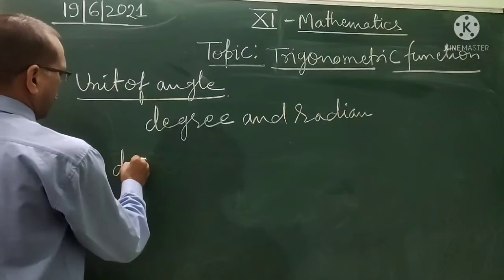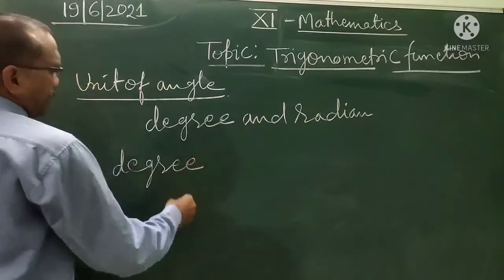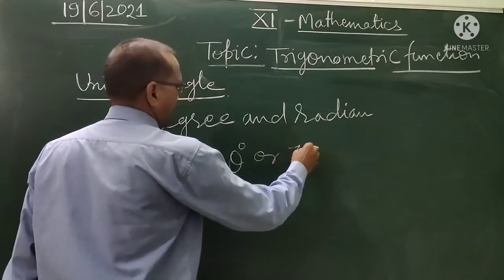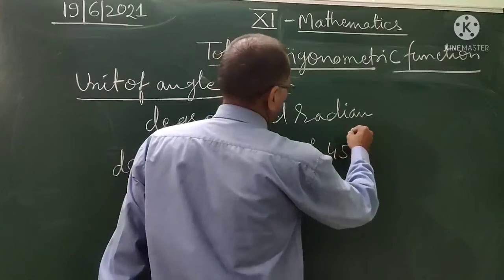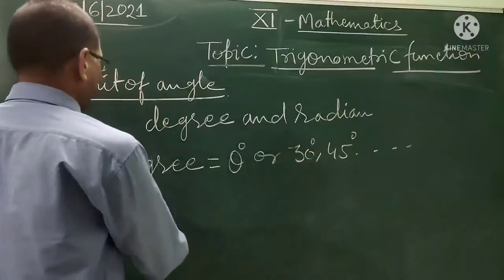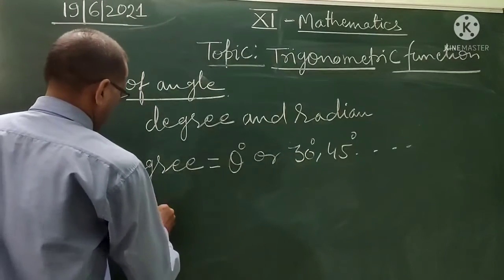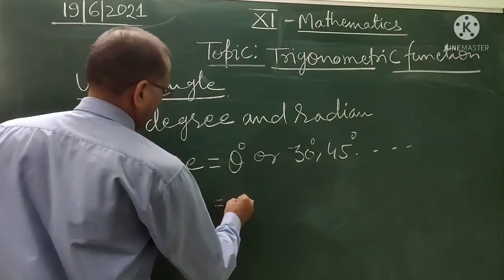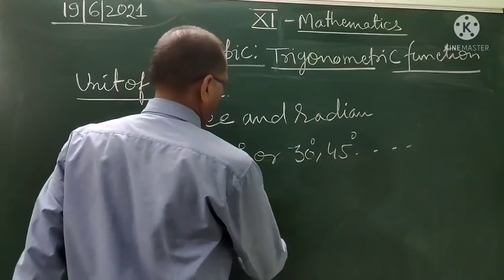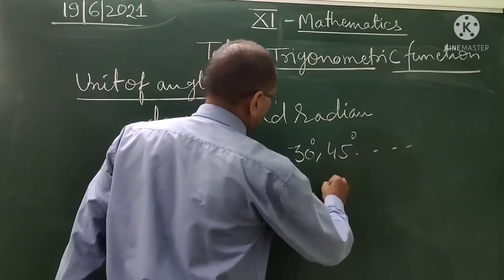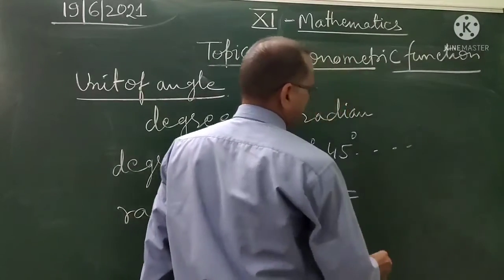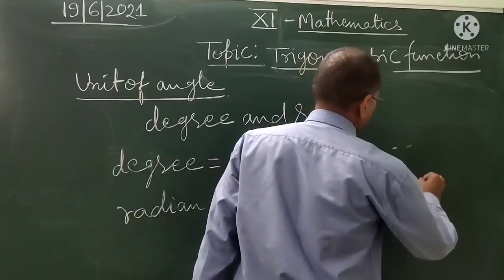Degree is written like theta degree, or we will write 30 degree, 45 degree and so on. Radian is represented by a small arc like a superscript c, or sometimes we write the radian value of a particular angle, like 2 radian.